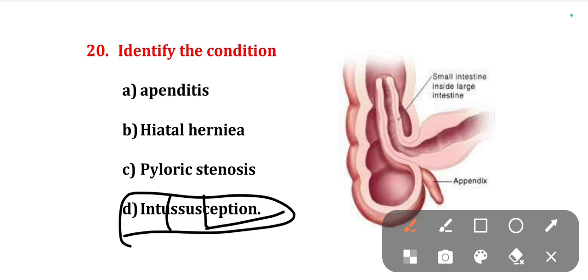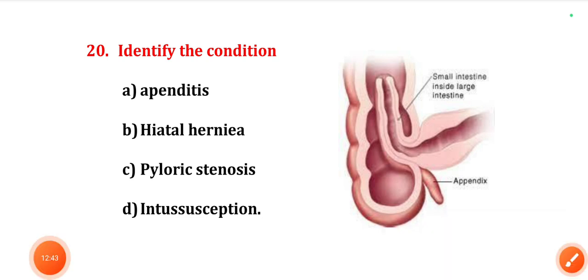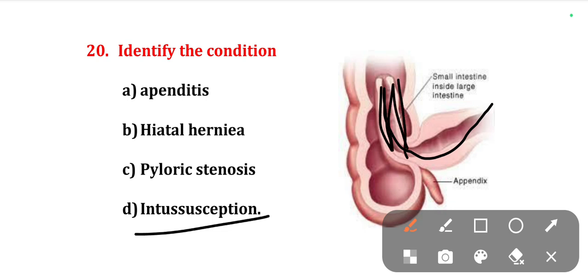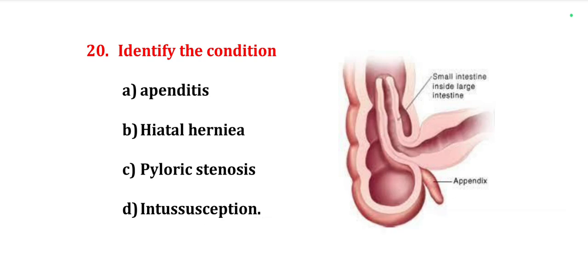Intussusception means some part of the intestine enters into the other part of the intestine. It commonly occurs in the small intestine, or in the large intestine. So this condition is called intussusception.